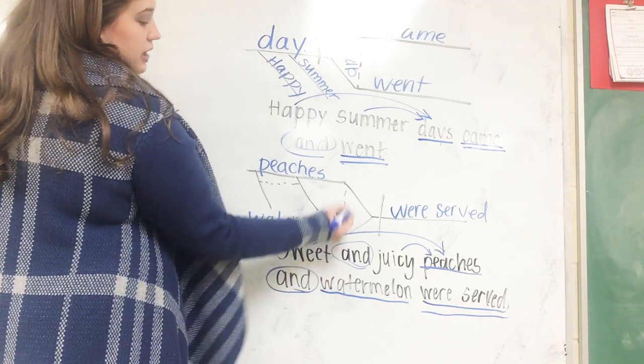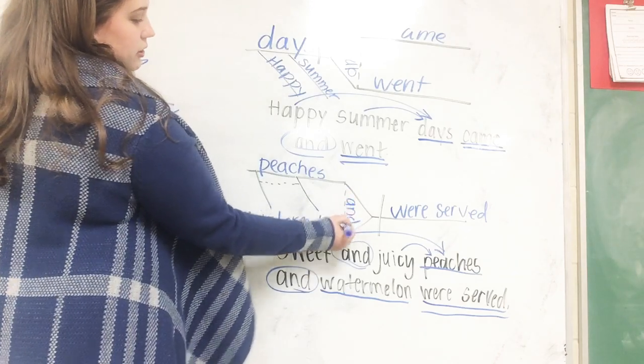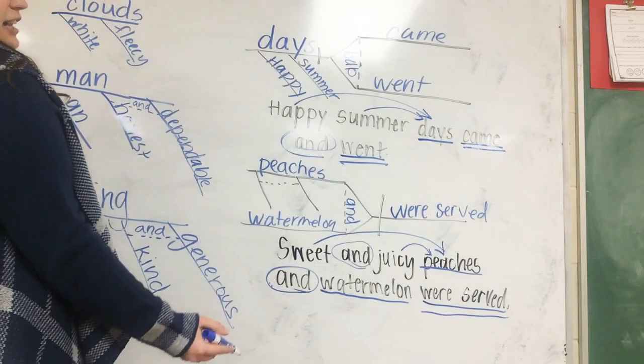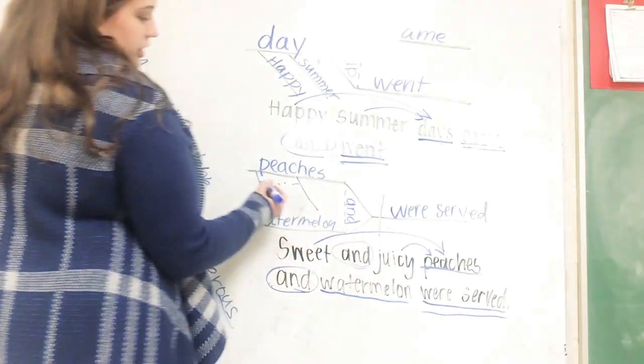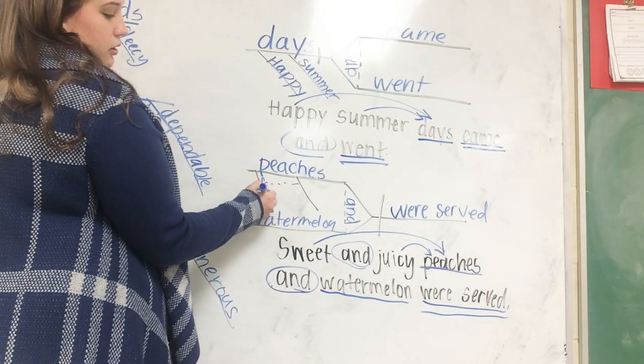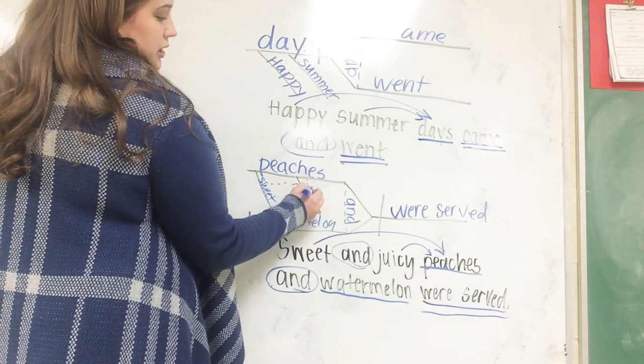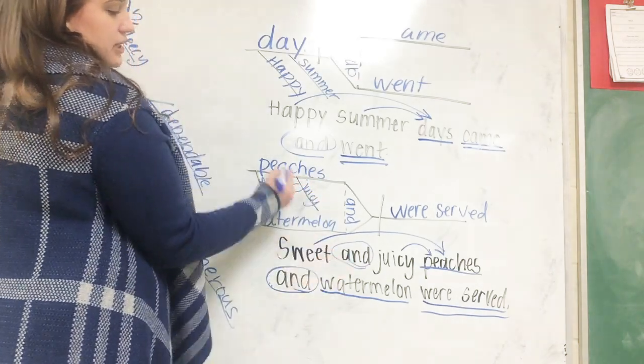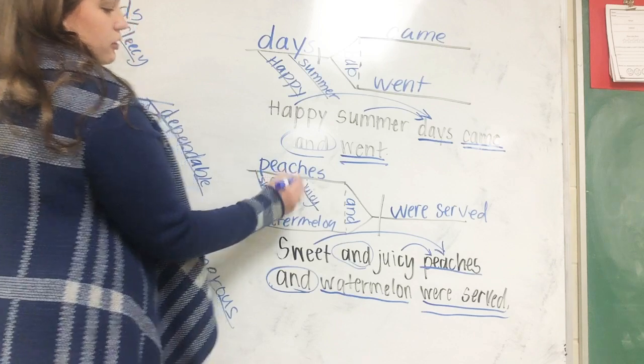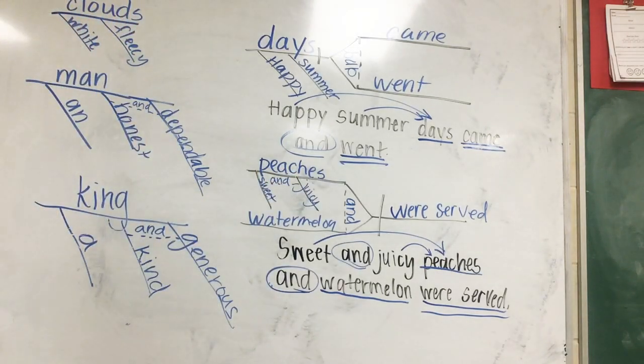Our connecting word goes in the cockpit, which is and, right here. And then our adjectives. Sweet describes peaches first. Juicy describes peaches second. And what word connects sweet and juicy? And that goes on the dotted line there, okay? So that's how you diagram.